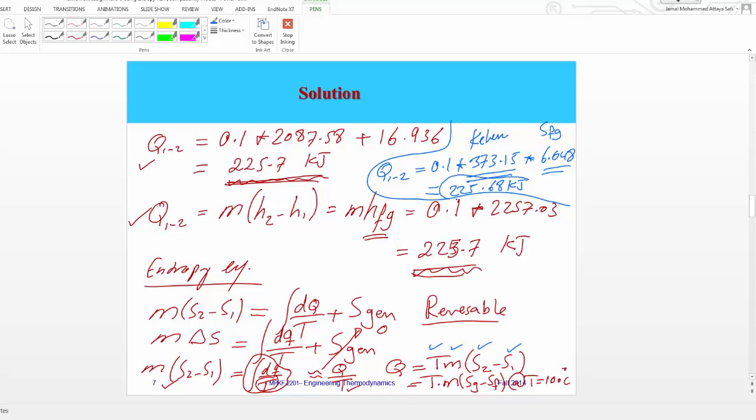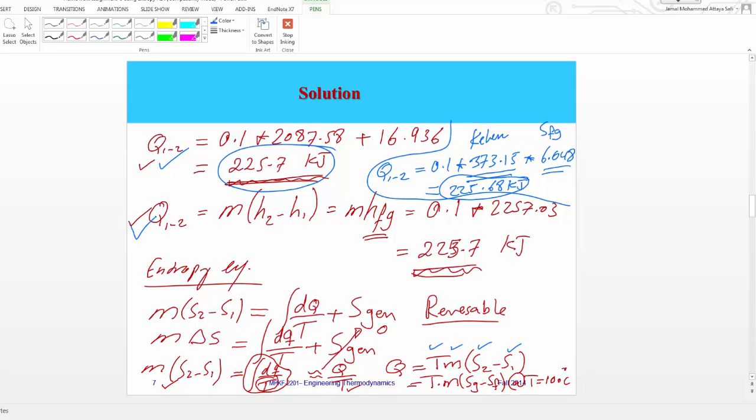And as you can see, it's actually this number and this number. It's not a big difference, a very small error in the two numbers. So you can actually use any one. Either you do this, so you calculate the work first, and then you add it to the mass multiplied by the difference in internal energy, or you can use this.